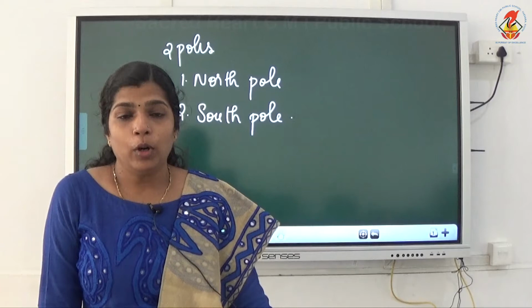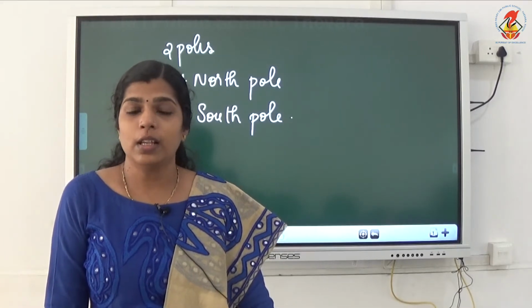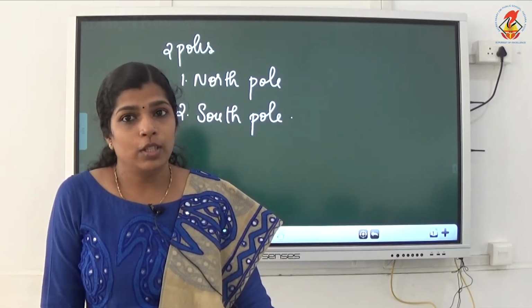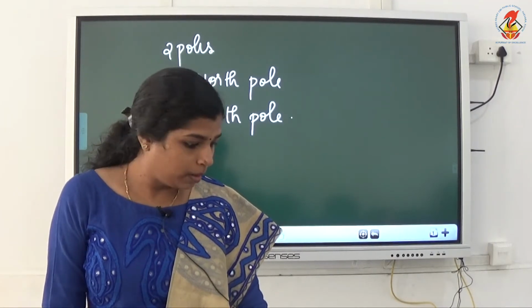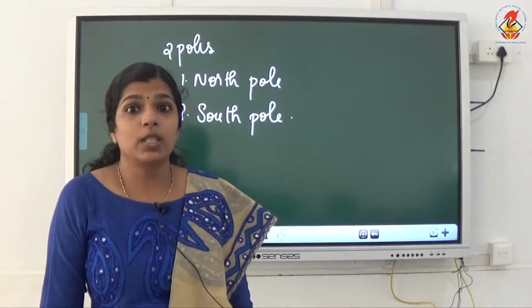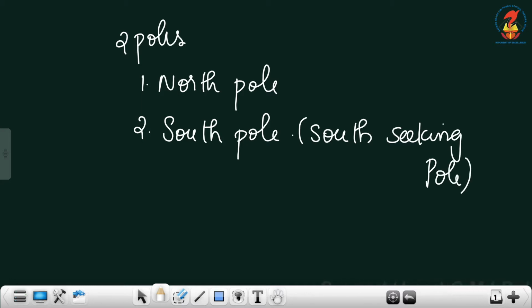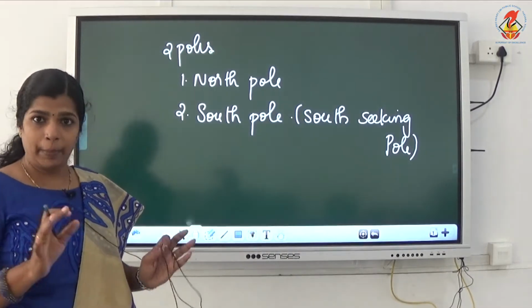The pole pointing towards the north is the north pole, and the other pole pointing towards the south is the south pole, or south seeking pole. The north pole is also called the north seeking pole. So two poles are there for a magnet.